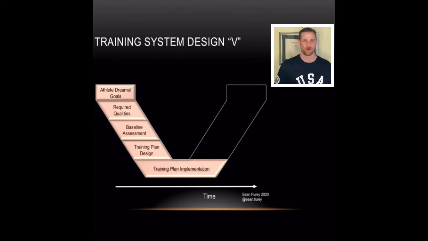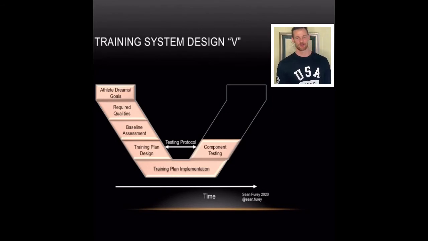Now we start to go up the V. This is where we start to see, is our training plan working? The first part would be component testing. This could take the form of maxes in the weight room, testing some jumps, some sprints, seeing how explosive, how fast, maybe doing some conditioning tests.